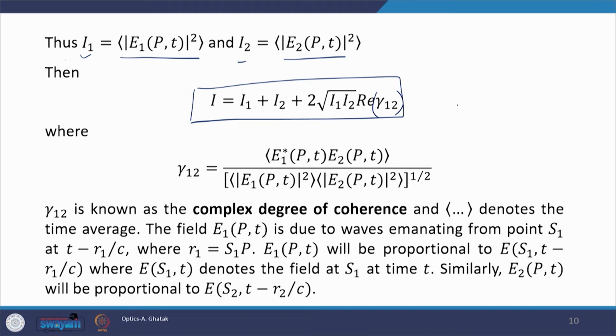Here I is equal to mod of E(P,T) squared, and the I1 and I2 expressions are given here.